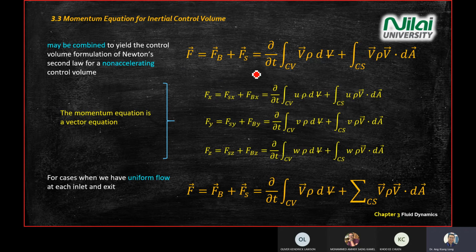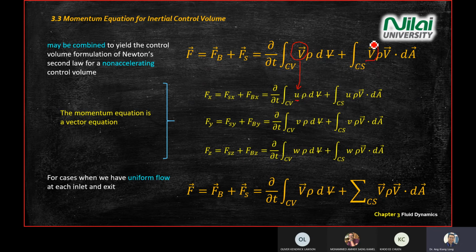On the top here, you can rewrite the equation. If you only focus on the x direction, then you just add a notation of x below here. And you change the u vector here to a small u because it's in the x direction.